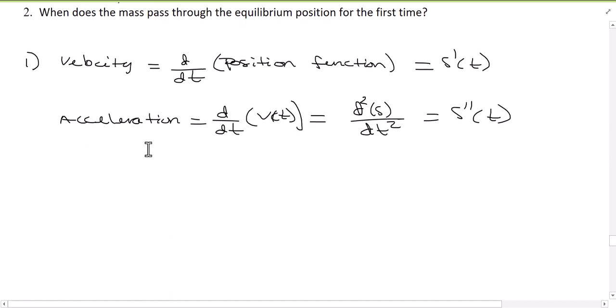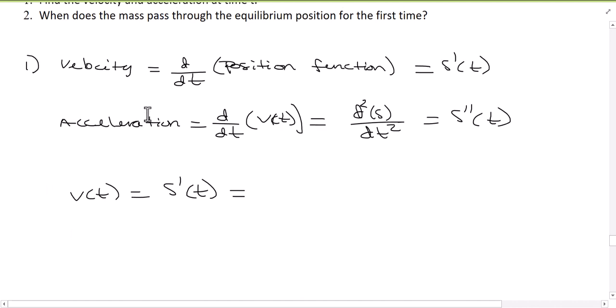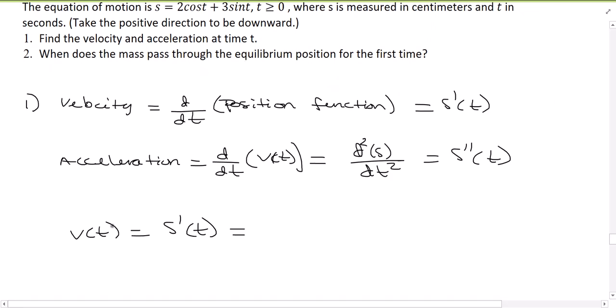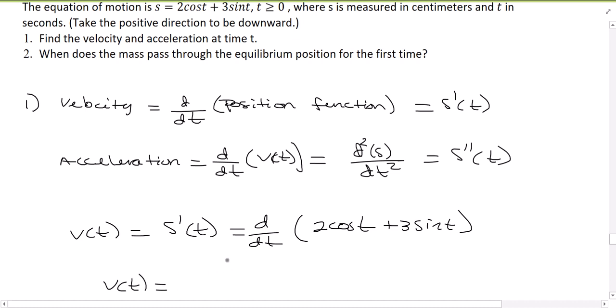All right, so for the velocity function, v of t is, as I just said, the derivative of the position function. So recall, what is our position function? S is equal to 2 cosine t plus 3 sine t. So this is the derivative of 2 cosine t plus 3 sine t. So take the derivative of that. Our velocity function: the derivative of cosine is negative sine, so this is minus 2 sine t, and the derivative of sine is cosine, so plus 3 cosine t.